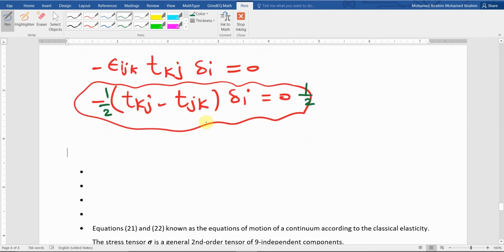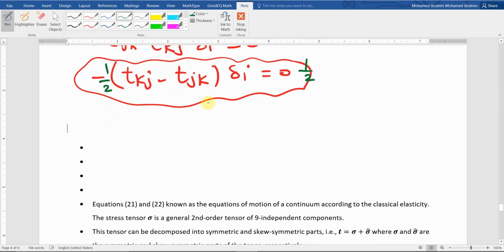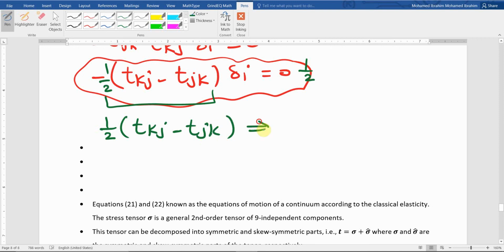And if you remember from the tensor calculus that we discussed, this term, 1 over 2 (T_kj minus T_jk), gives a skew symmetric tensor. If you remember, the skew symmetric tensor has zero diagonal components, and the off diagonal components should be identical but of two different signs.